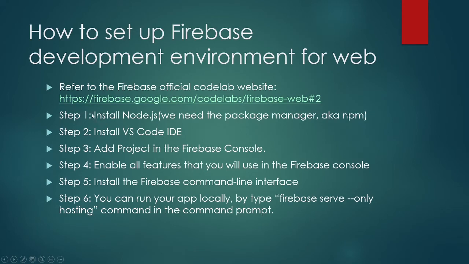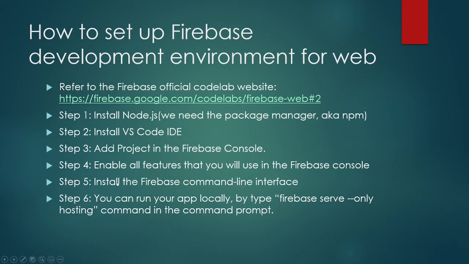Yeah, so here I have a summary. First, you need to install Node.js, which I showed you, and then you need to install the VS Code IDE, add a project in the Firebase console, and don't forget to click the hosting, and then enable all the features that you will use in the Firebase console. And step 5 is install the Firebase command line interface.